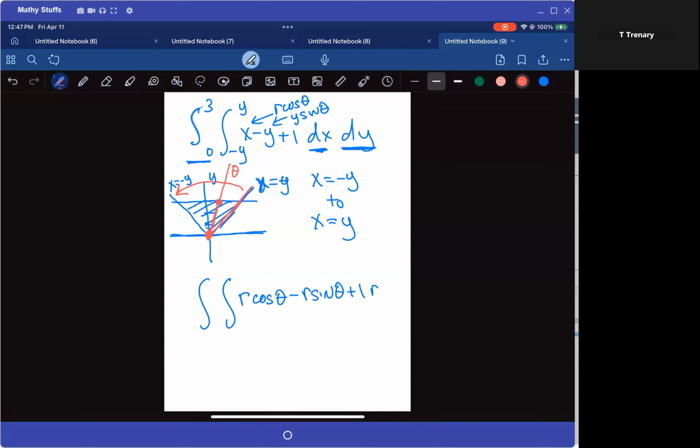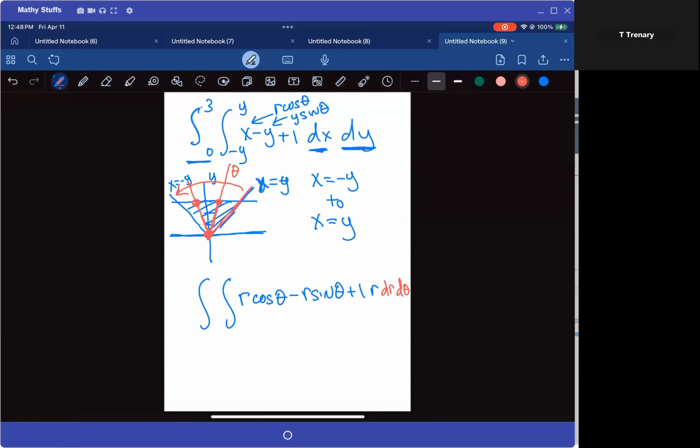So every time I've got a new theta, it's going to go from 0 on up to that line. We see that the r range depends upon where we're at theta wise. So I'm going to put dr and then d theta.